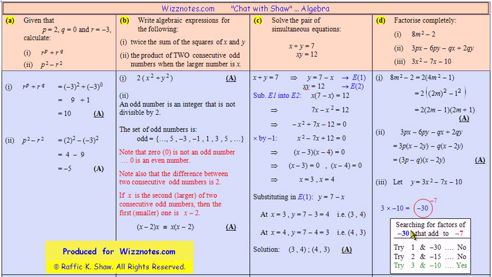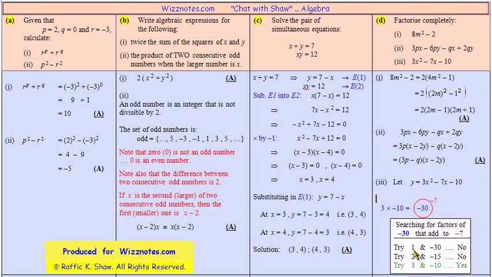Because we are searching for factors of negative 30, we know that one of those factors will have to be negative. And since the result of the summation that we want is a negative number, we know that the larger of the two factors is going to be the negative one, because when you add them, you're going to end up with a negative number. So the larger factor is going to be negative.